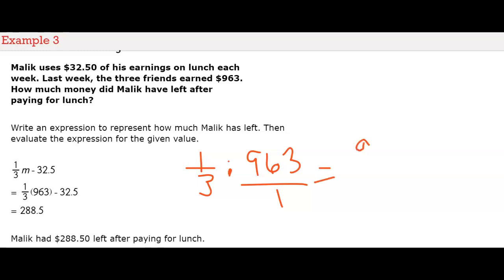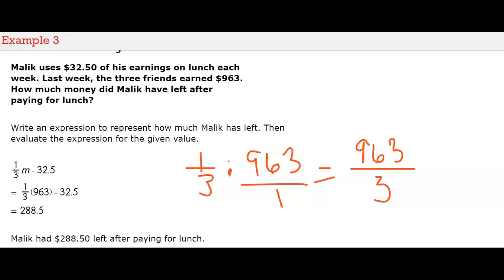1 times 963 is 963. 3 times 1 is 3. And then you divide. So that's why I mentioned that 1/3 times 963 is essentially dividing, because that's what you end up doing when you're multiplying a fraction and a whole number.